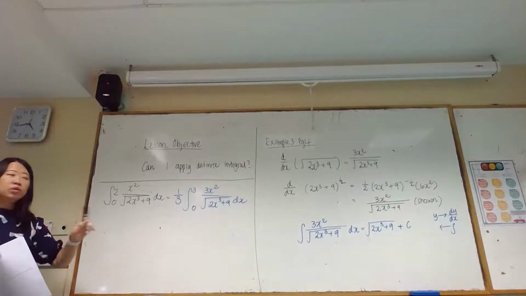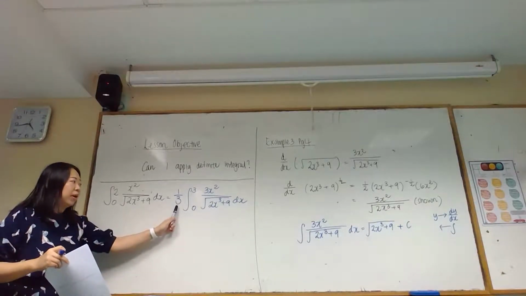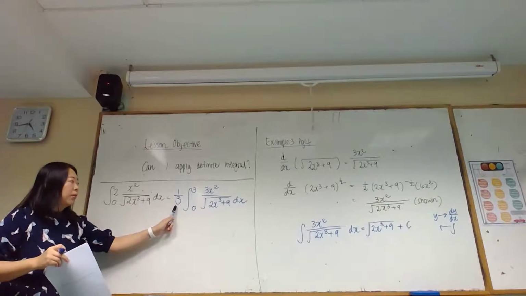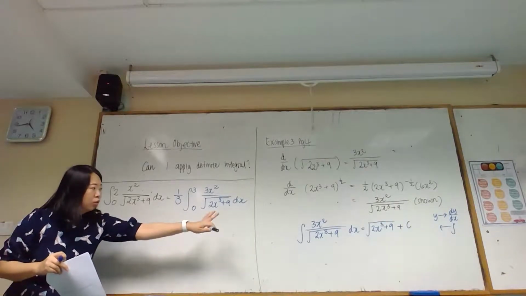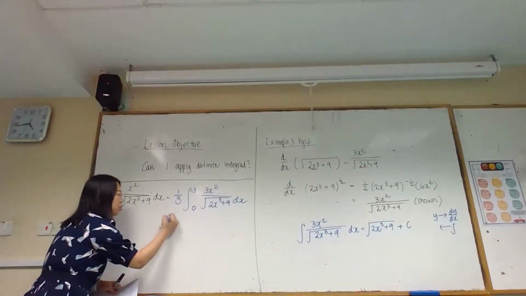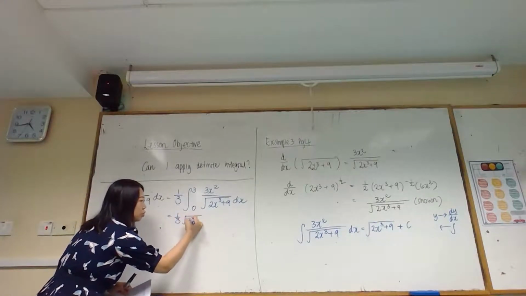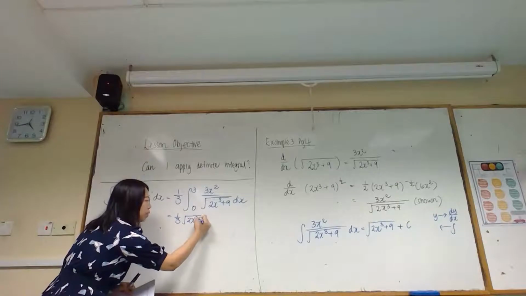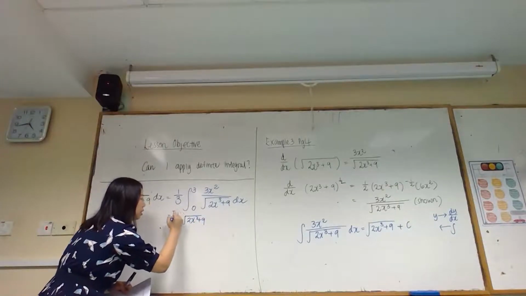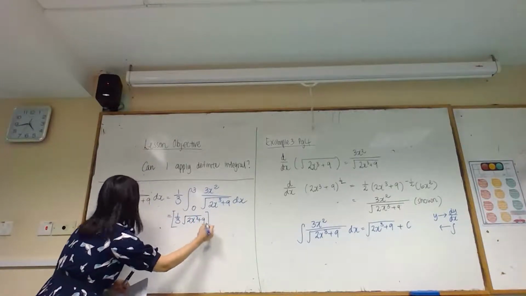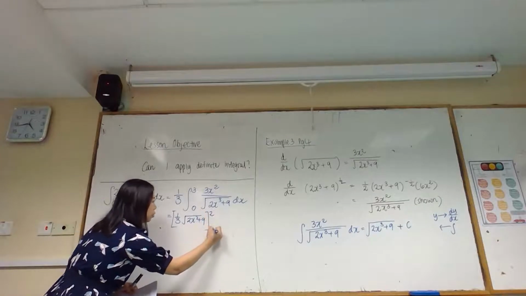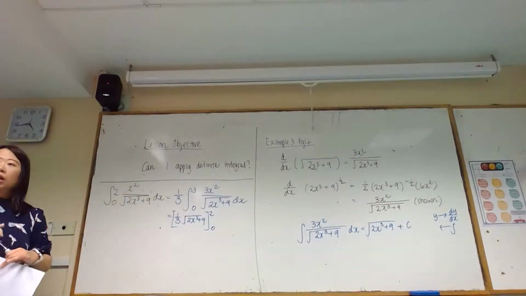Okay? So this is the difficult part that everybody gave feedback that they have issues with, right? So you know, is that really right from there? So this is simply 1/3 root of 2x cubed plus 9. This is a definite integral, with limits 0 to 2. Okay?